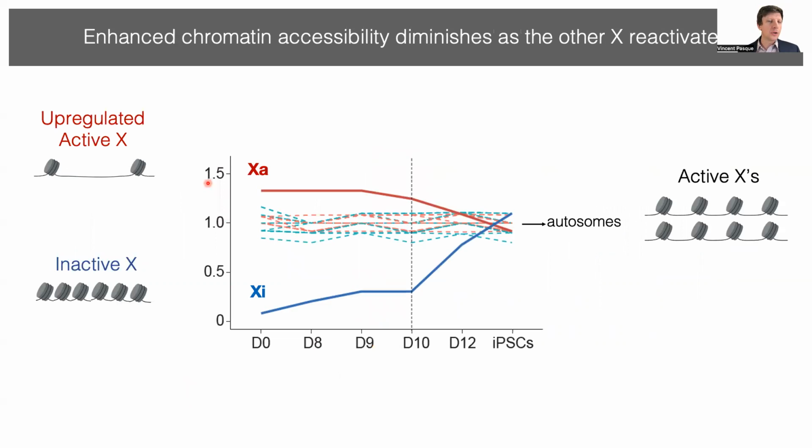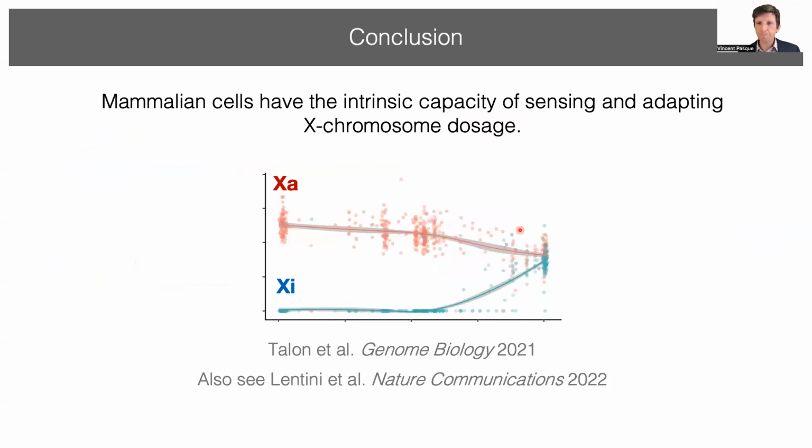We can also look at chromatin accessibility with allele resolution during reprogramming. Again, looking at the inactive X chromosome, it's inaccessible and condensed to start with, and then it reacquires normal accessibility level during reprogramming, whereas the upregulated active X chromosome has enhanced chromatin accessibility, is more accessible, and then loses this enhanced accessibility during reprogramming.